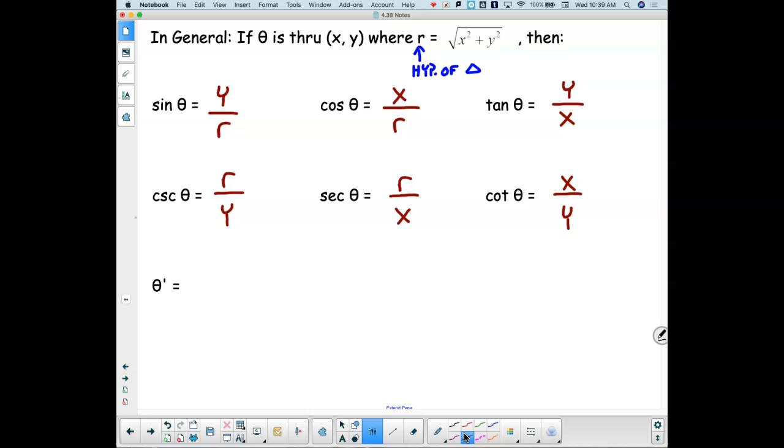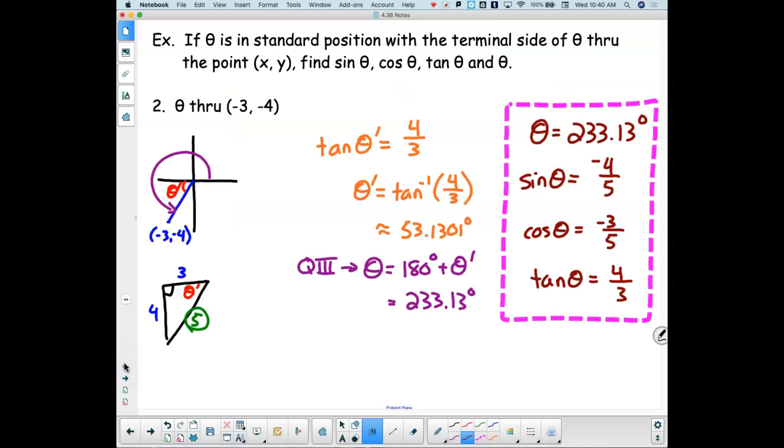Think back. Unit circle. What's sine on the unit circle? Y, right? But what's different about the unit circle and other points like the two examples that we just did? If I go back here, what was the radius of this circle? 5.